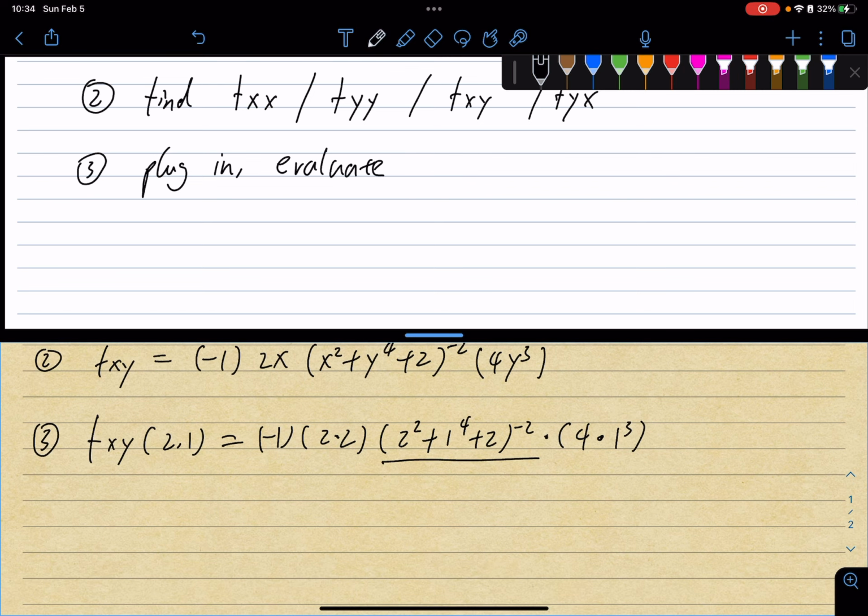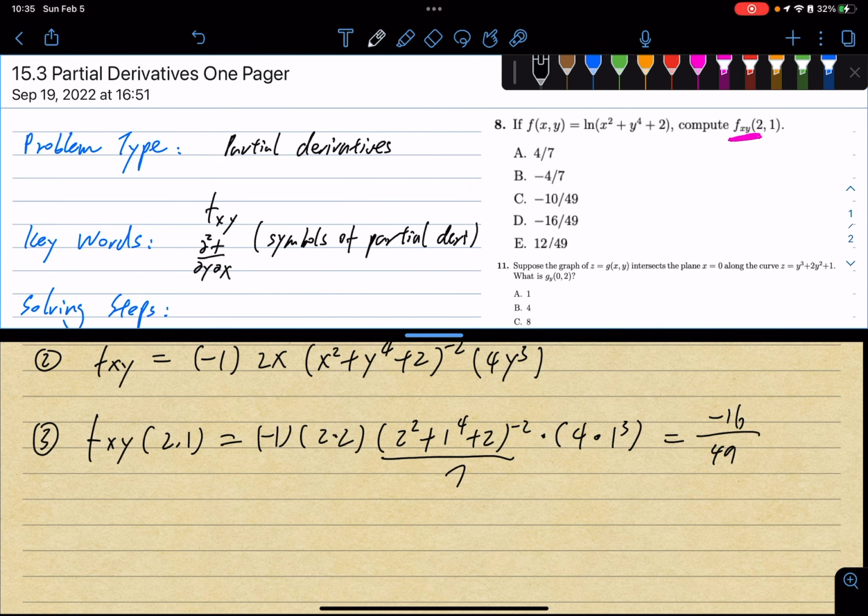This is 7, so 7 to the negative 2 power. So this will give you 1 over 49, and then the rest will give us negative 16. So the correct answer for this question is D.